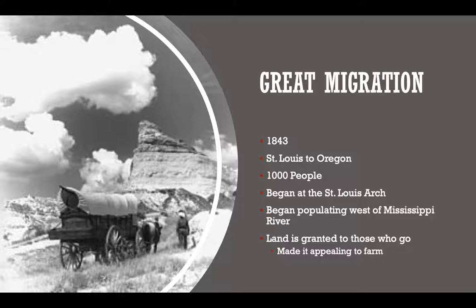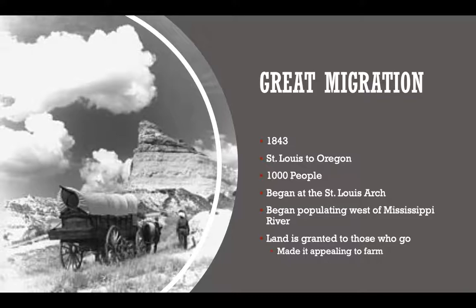It's the biggest one that had happened. And they begin at the arch in St. Louis, so that's why the arch is monumental, because it still marks where the beginning of the trail started. This is the biggest time that we travel west and begin to populate the lands.